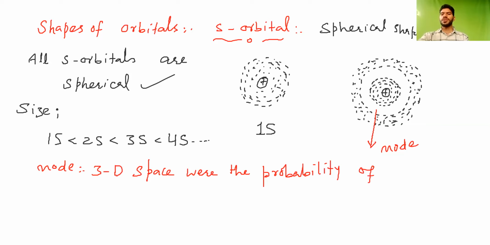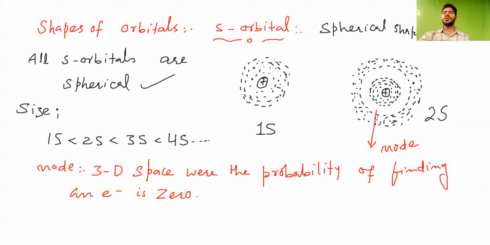That means here you cannot find any electron. Such a 3D space is called a node. Have you got it? So this will be the shape of the 2s orbital. You can see that 2s is bigger in size as compared to 1s, and there isn't any node in 1s, but there is one node in 2s.